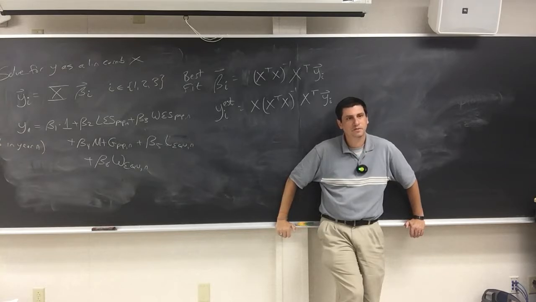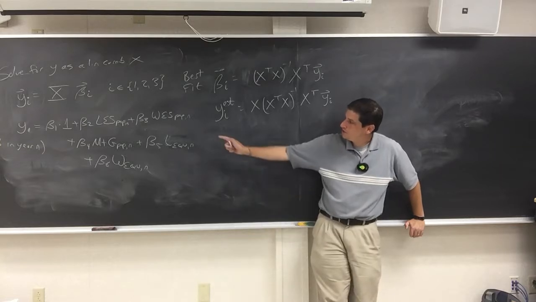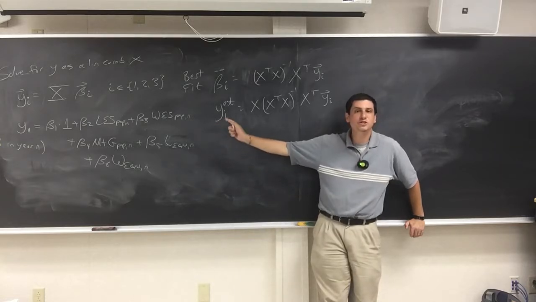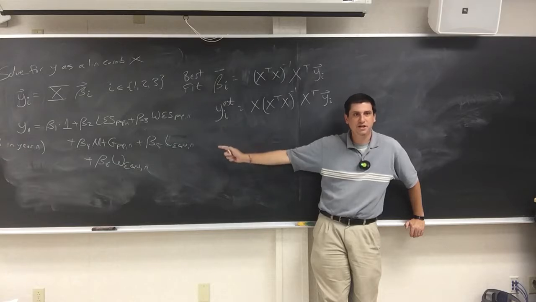When you're finding beta I for a specific school, is your X matrix of examples from all 3 schools, or just that specific school? Well, what we're using for our X matrix is just the populations of the 3 schools and the property values of the 2 towns.